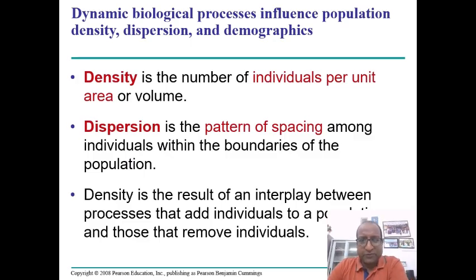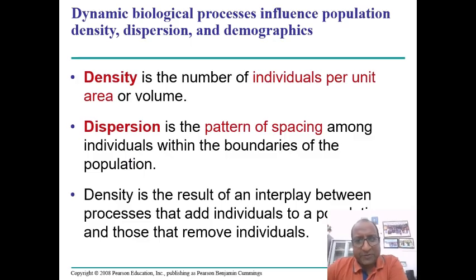Just like in a classroom, if 50 students are sitting in a given area of about 100 square feet, then we say the density of the classroom is 100 per square unit.